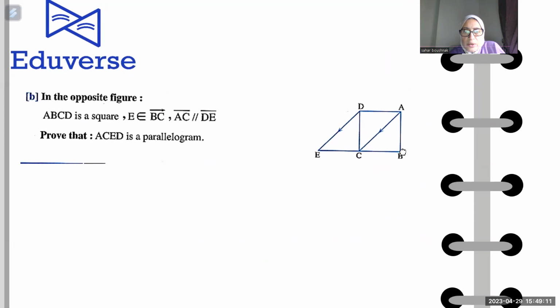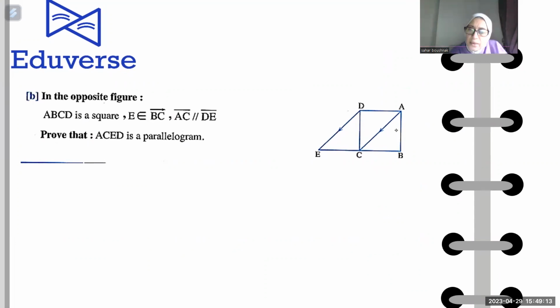So remember the square: all the angles are equal to 90, all the sides are parallel and equal. Prove that ACED is a parallelogram.